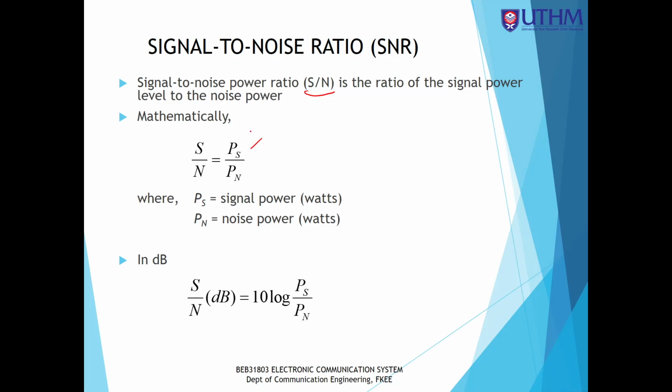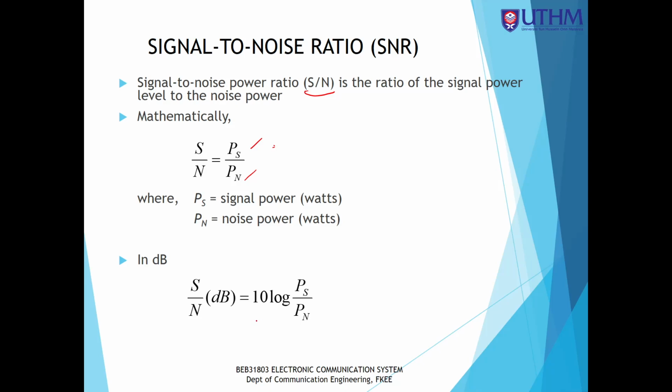S over N is equal to power of the signal divided by power of the noise. Both are watt over watt, so you will get a value without a unit. So SNR is a unitless parameter, and we can represent it in terms of decibel.